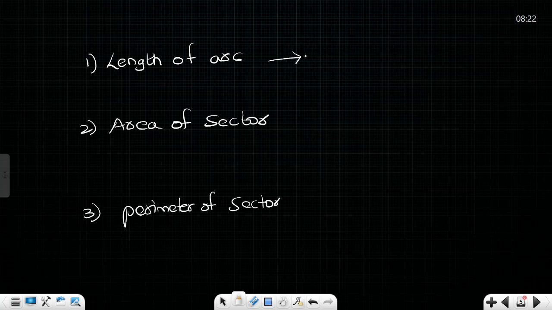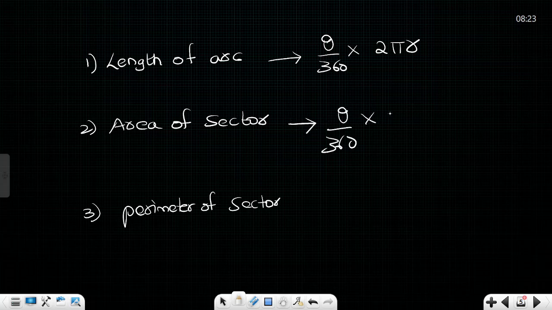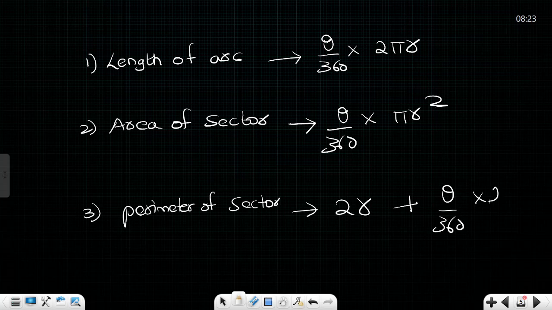So length of arc formula is theta by 360 into total length. Area of sector, same, theta by 360 into total area. Perimeter of sector is 2 times radius, that OA and OB, plus length of arc. These are the three things we learned in concept called sector.